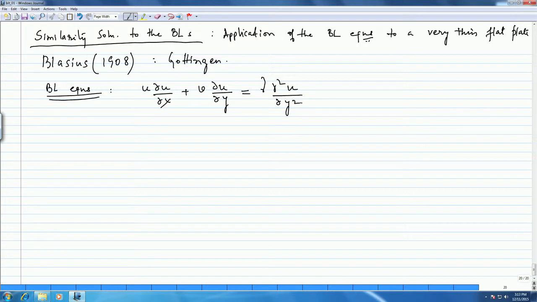That's the momentum equation in the x direction, but it also takes into account the momentum equation in the y direction because it contains the information about the pressure distribution, right? And then of course this is the continuity.